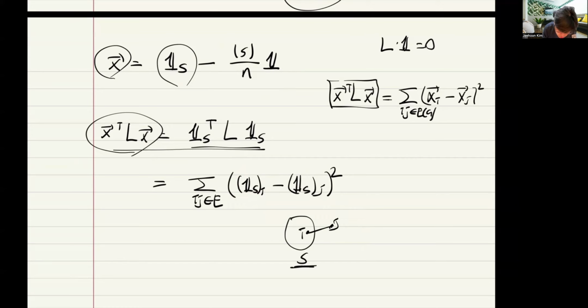And S is an independent set, and then this is exactly counting the number of edges from S to outside.